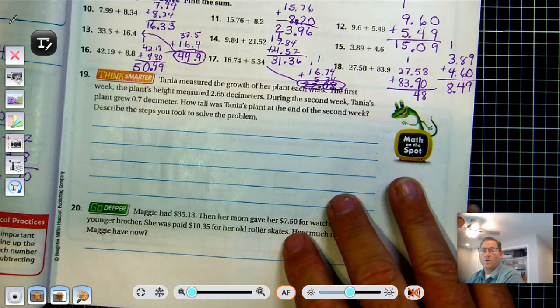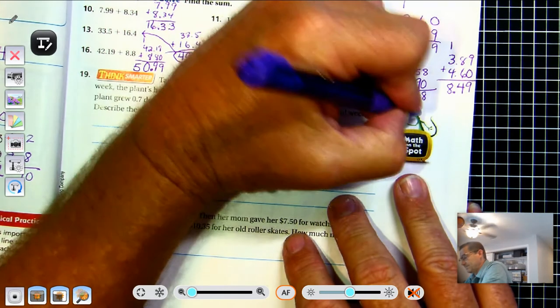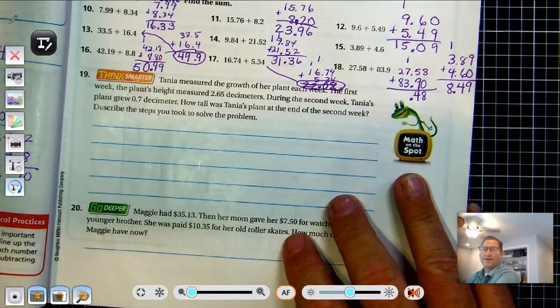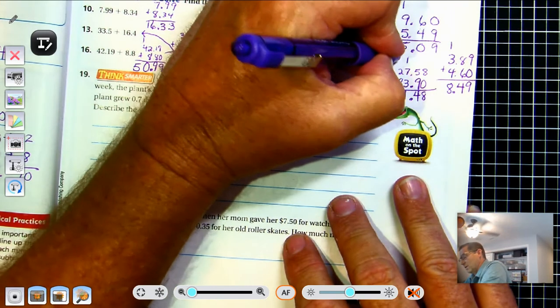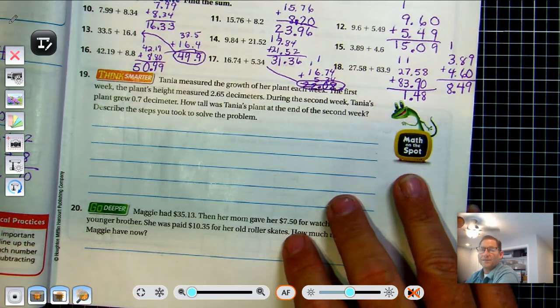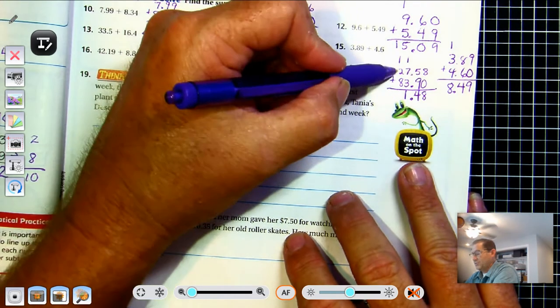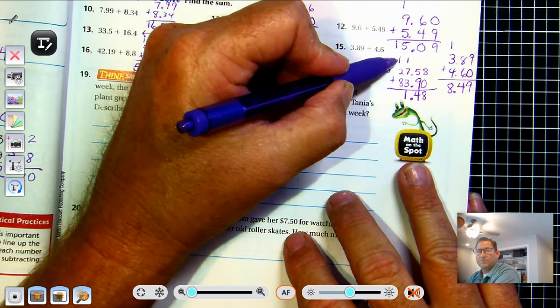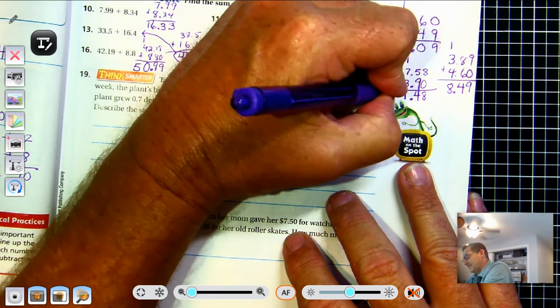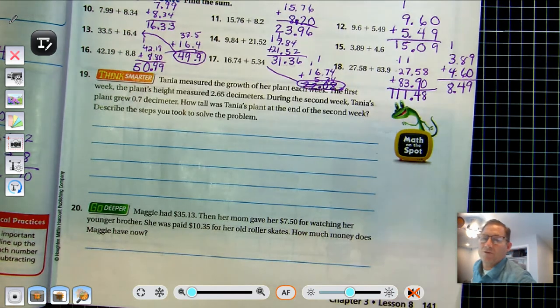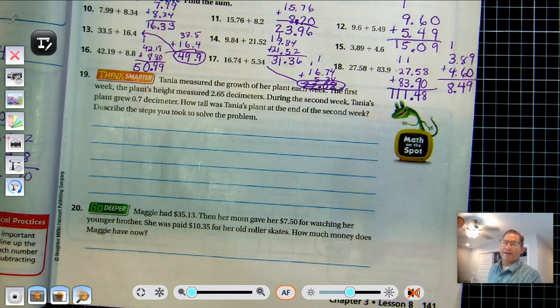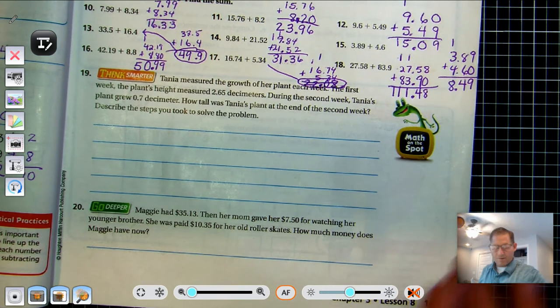Regroup that as 1 and 4 tenths. 7 and 3 more ones is 10 ones, plus the regrouped 1 is 11 ones. Regroup that as 1 ten and 1. 8 and 2 tens is 10 tens, plus the regrouped 1 is 11 tens. So 111 and 48 hundredths. All right, 19.